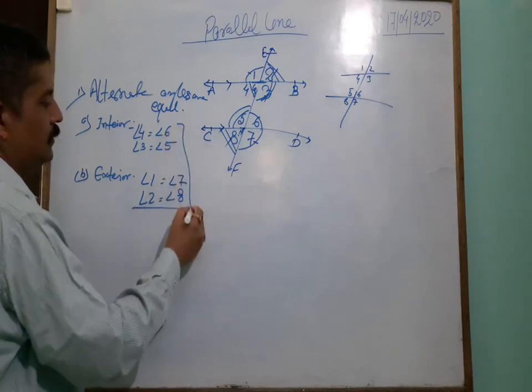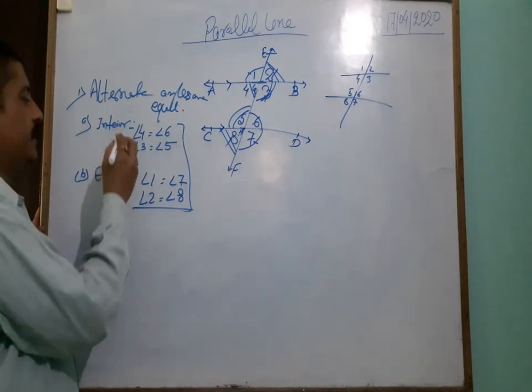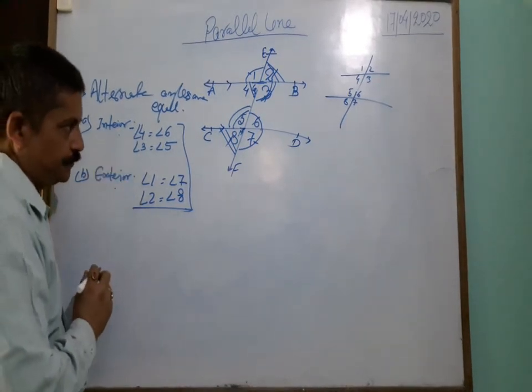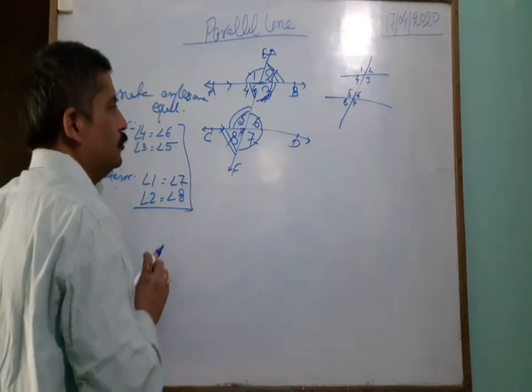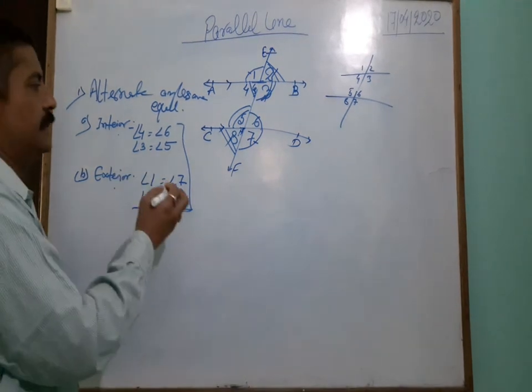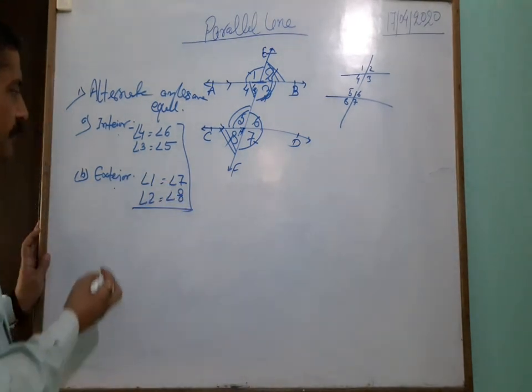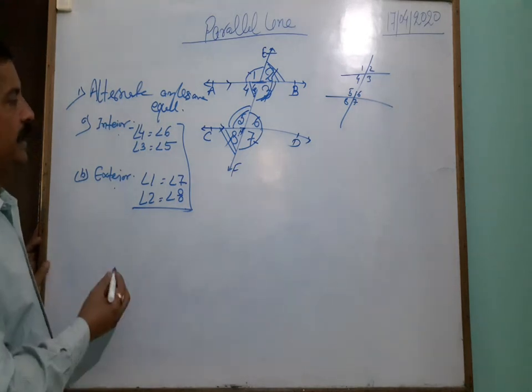Both are the alternate angles, interior and exterior. In that class we learned how to prove that the interior angles are equal. After completing the study, we will say how to prove that.